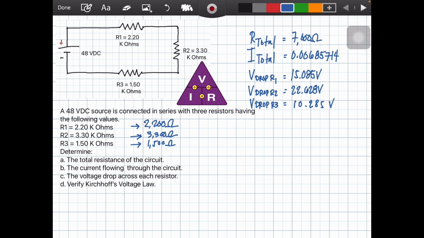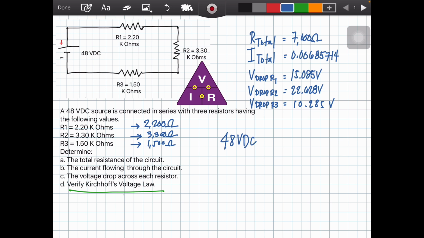The last step for the problem solving is that we need to verify Kirchhoff's voltage law. I will underline it. So how do we do that? We write the supply voltage, which is positive 48 volts DC.